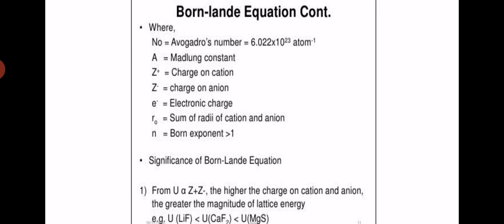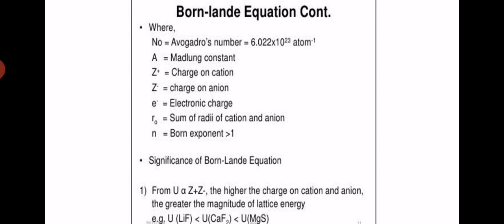Now moving to the significance of the Born-Lande equation. The first significance is for lattice energy. This lattice energy is directly proportional to Z plus and Z minus. Z plus and Z minus are the charges of the cation and anion.